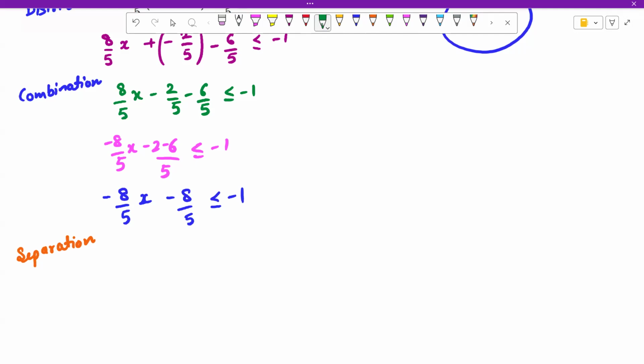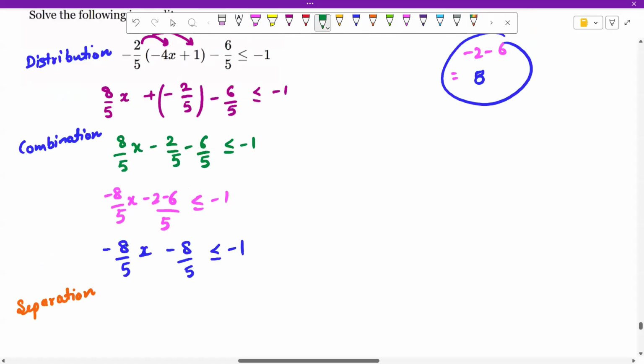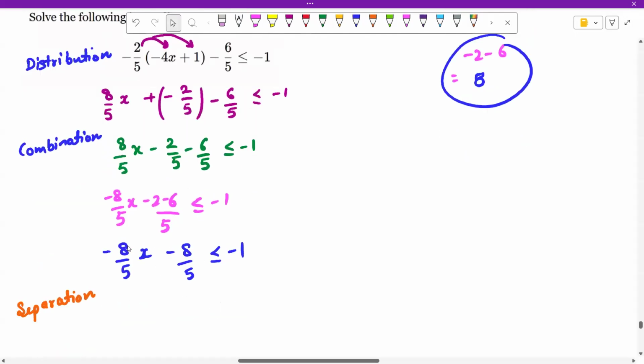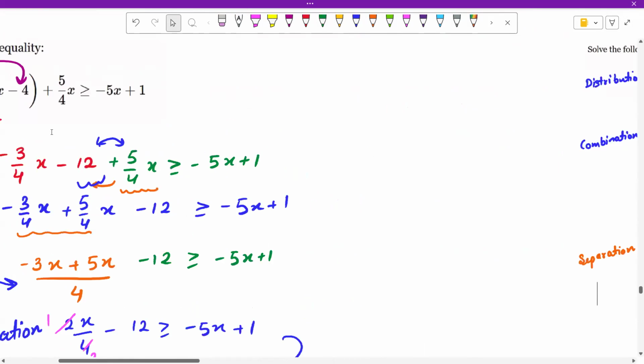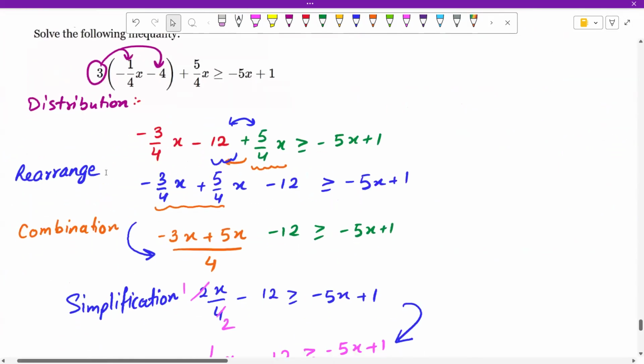Are all the steps you write in blue, like distribution and combination, not necessary? Some questions might not have them, but the one you kept in orange is a must do. No, that's not mandatory. Over here, when we solved the previous question, rearranging was needed because the x terms were not together.